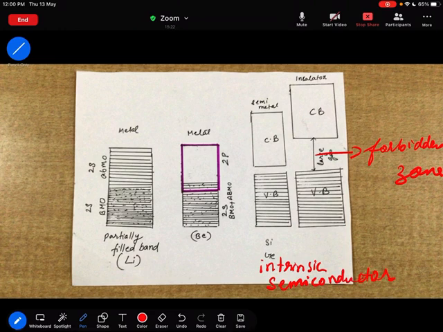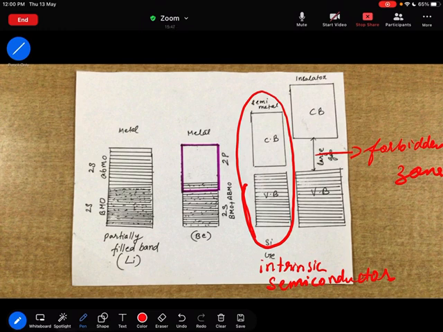Not only by heating, their conductivity can be increased by adding impurities to them. So now we are going to learn semiconductors or semi-metals. By heating, if the conductivity can be increased, we call the semi-metal an intrinsic semiconductor.